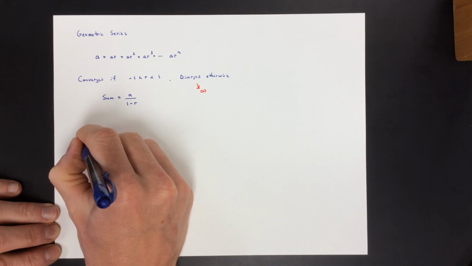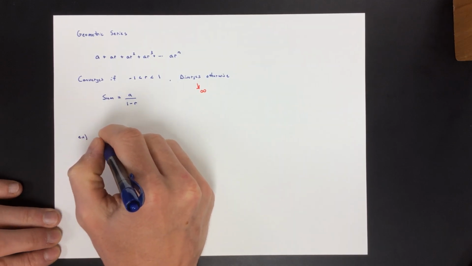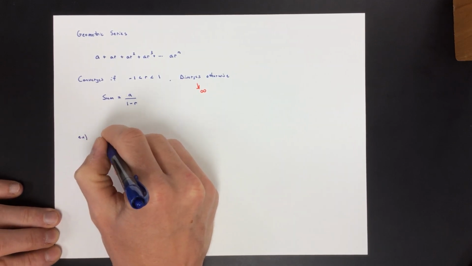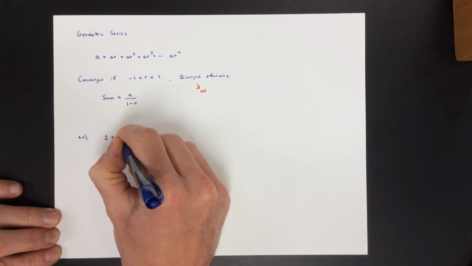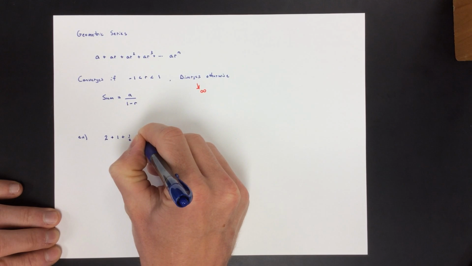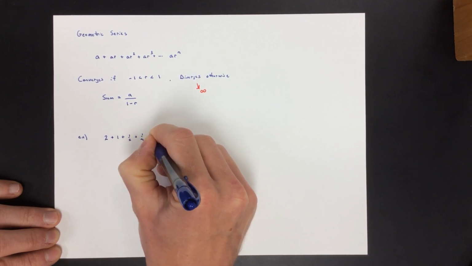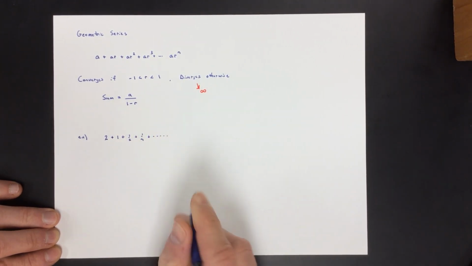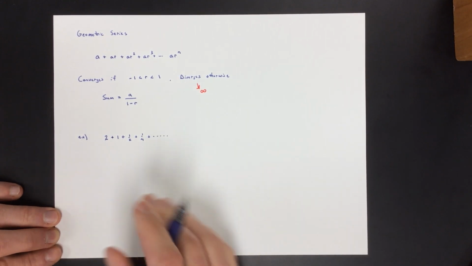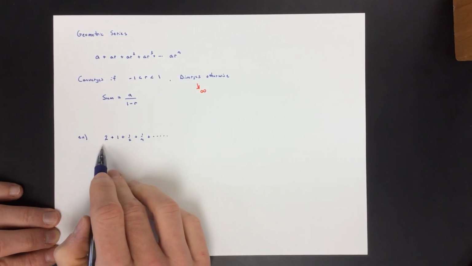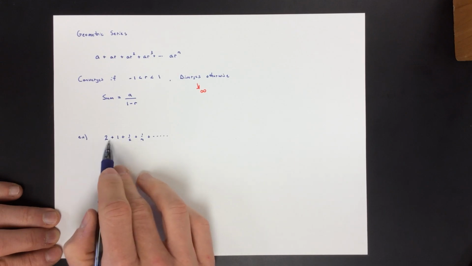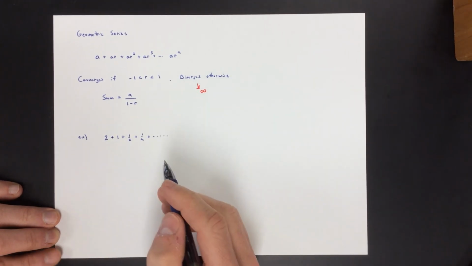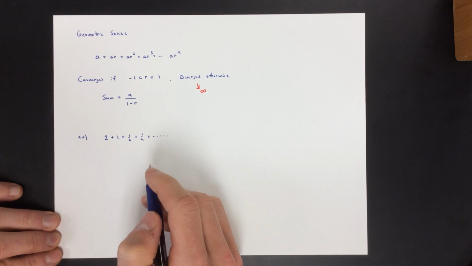Let's look at some examples. First, an easy one: what if the series was 2 plus 1 plus a half plus a fourth plus dot dot dot, and we keep going? What sum does that have? We can make an argument that the sum goes 2, then 3, then 3.5, then 3.75. Maybe the sum is going to go to 4, and we can show that's correct.